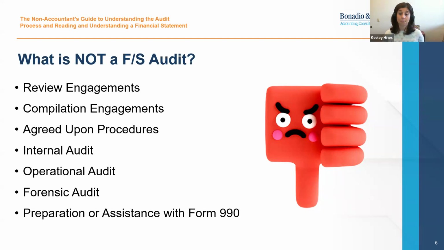An example would be having agreed upon procedures performed over credit card transactions. Maybe you infrequently use credit cards and they don't equal big dollar amounts, and as part of a financial statement audit they wouldn't necessarily be looked at. But by engaging somebody to do agreed upon procedures, we will zero in on that transaction type and perform A, B, C, and D.